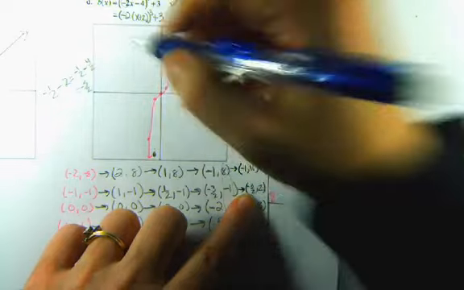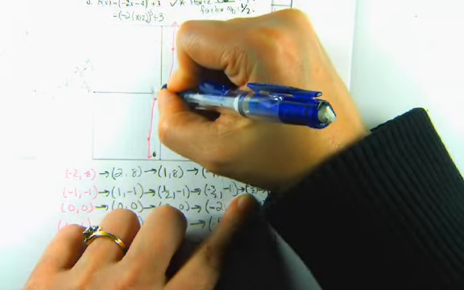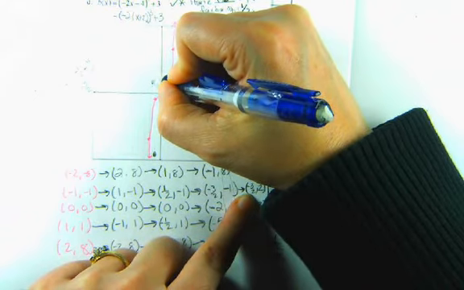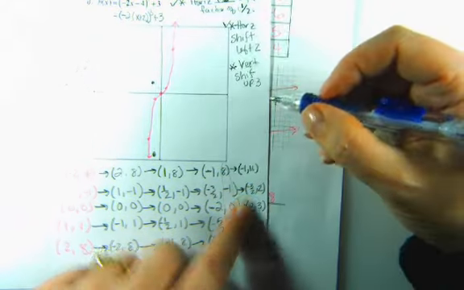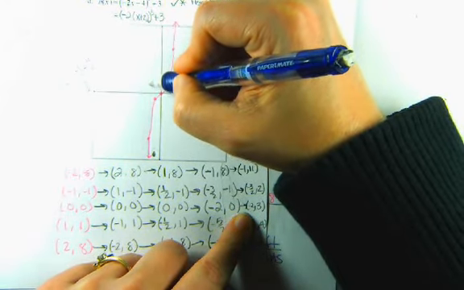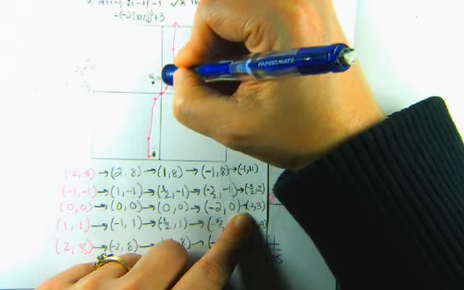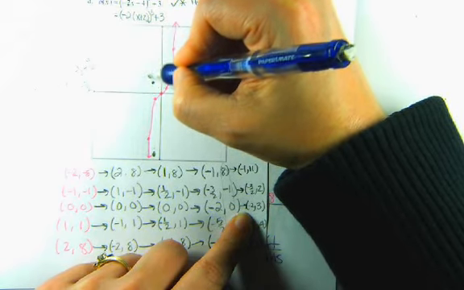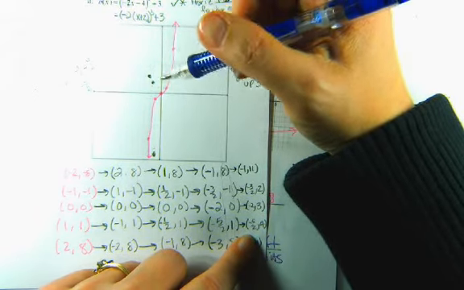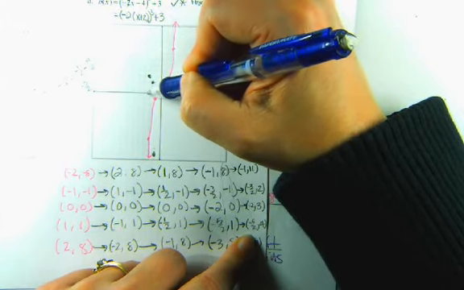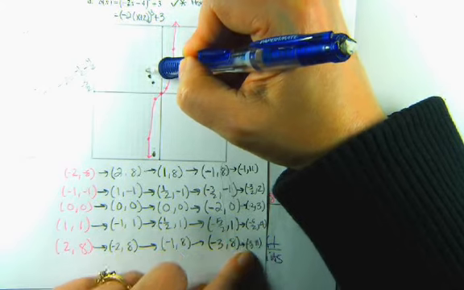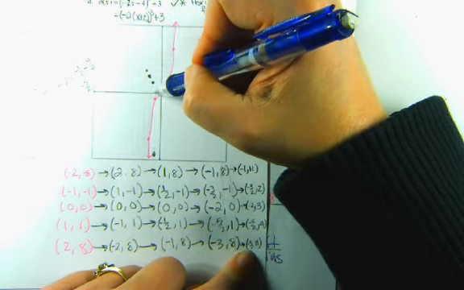Negative 2, 3 is here. Negative 5/2 is negative 2.5, 4. Negative 3, 11. 1, 2, 3, 4, 5, 6, 7, 8, 9, 10, 11. It's right here. And here's the moment of truth.